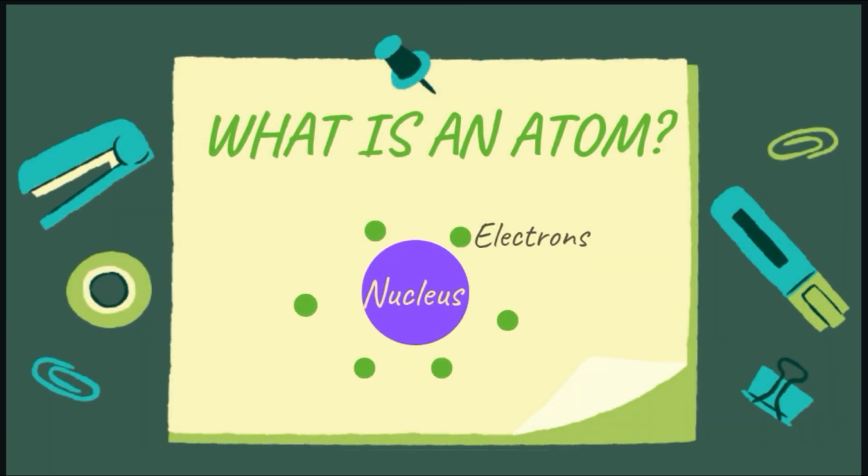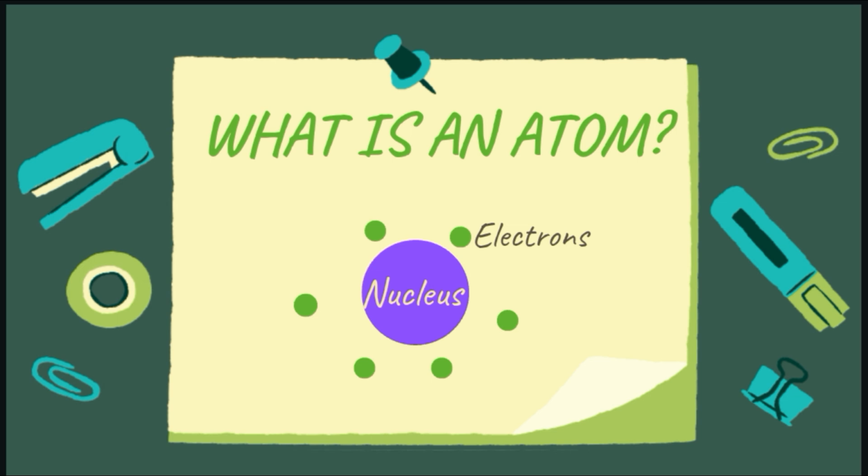Before we move into hybridization, let's quickly recall something we already learned, the atom. In the previous video, we saw that everything around us is made of atoms. Book, water, air, even you and me. An atom has a center called the nucleus, and electrons move around it.